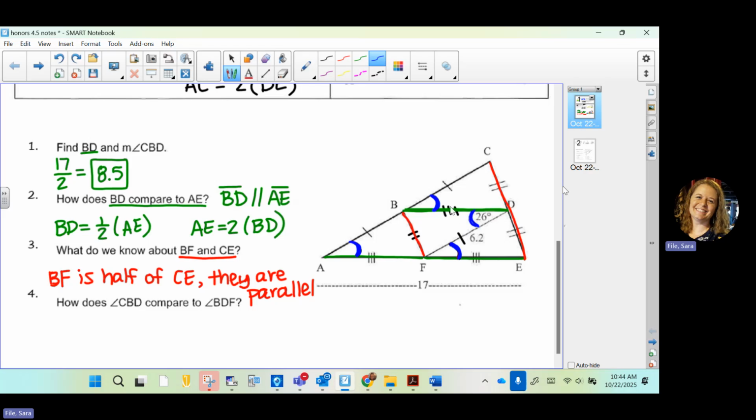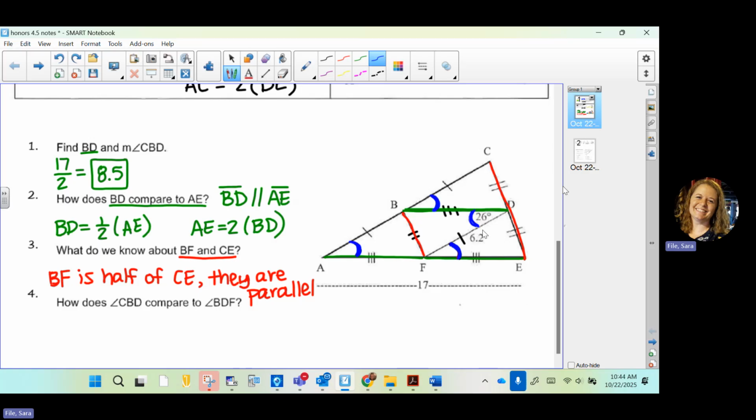Y'all see that? It's also where the 1 and 3 tick mark sides meet in all of these others. So you can use the tick marks to help you find the matching congruent angles if that's easier than looking at all the parallel lines and transversals.